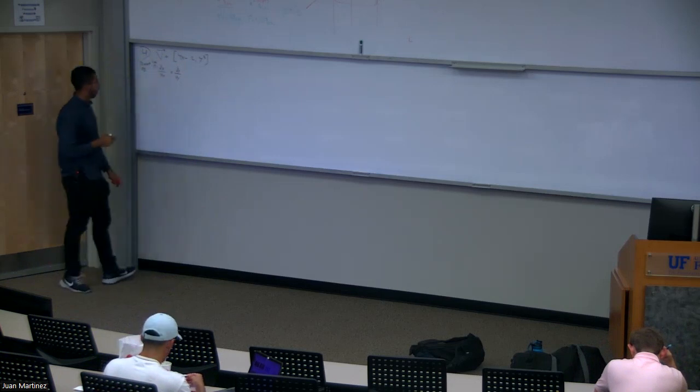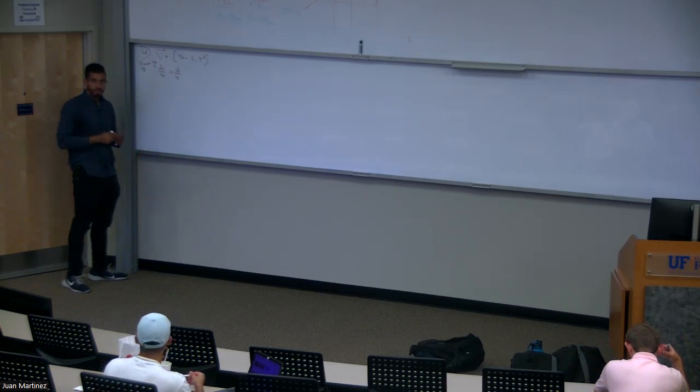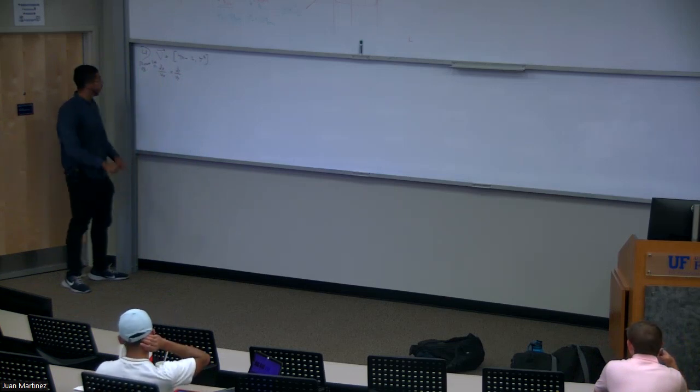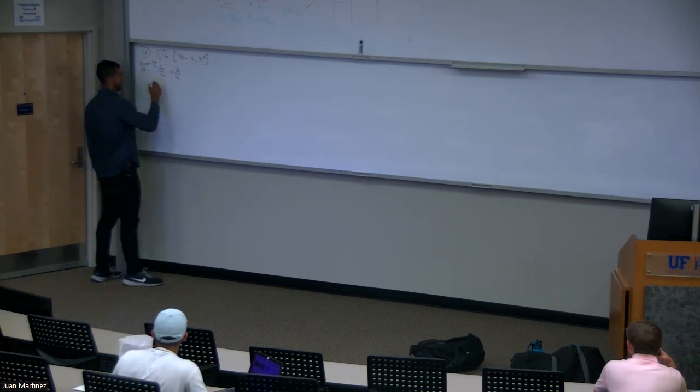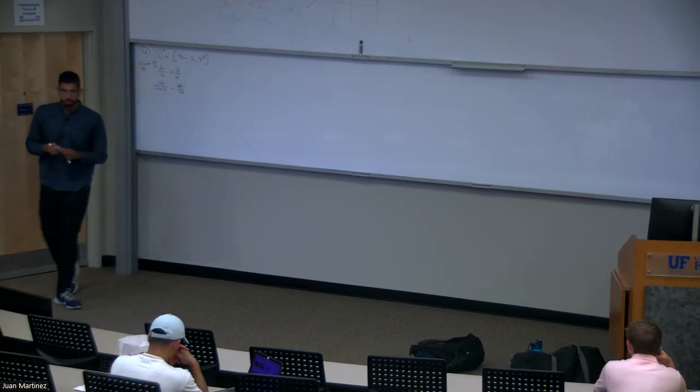Good. Okay, what's dx and what's dy here? 4x minus 2 is dx, and dy is y. So dx over 4x minus 2 equals dy over y, right? So what do we do now?